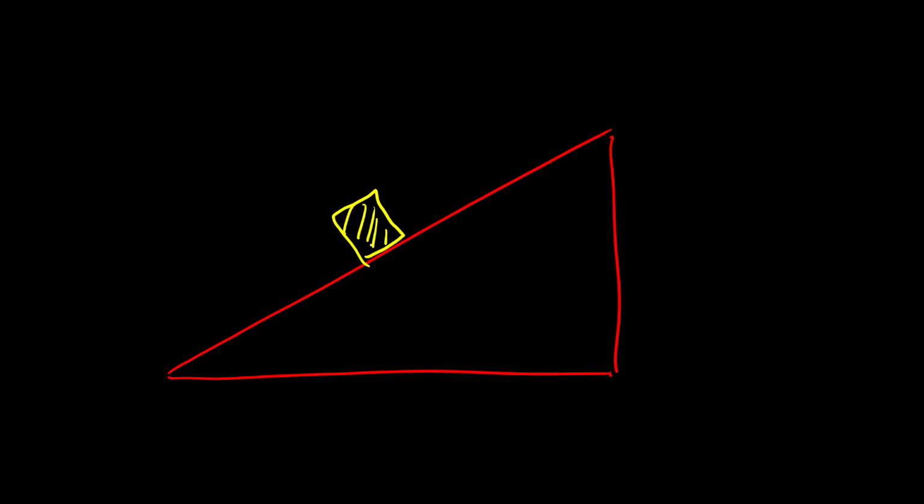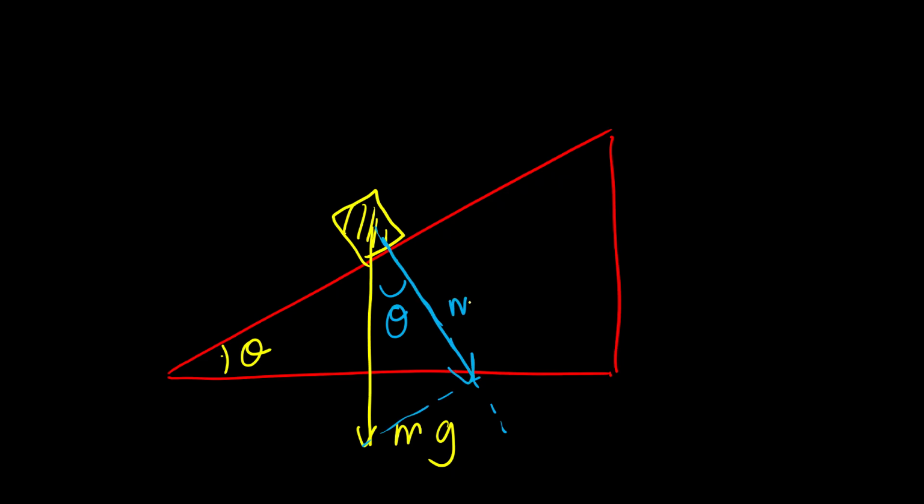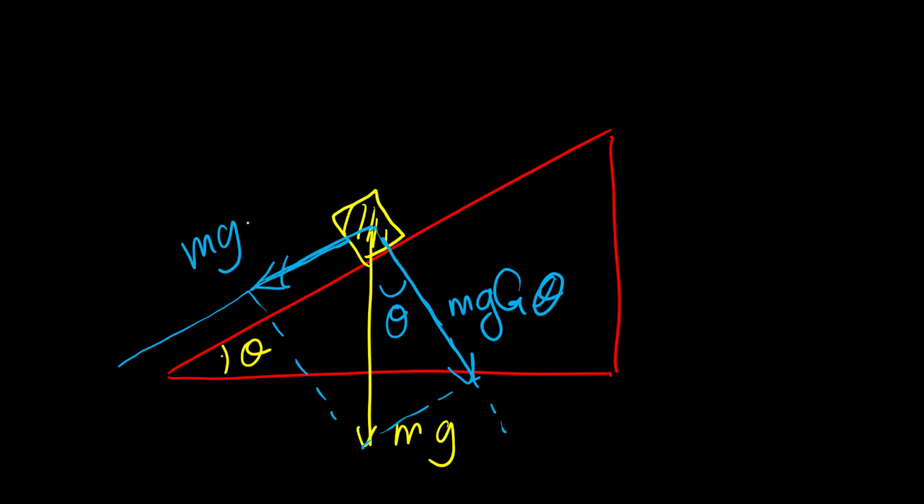This is theta, the angle the ramp makes with the horizontal, and here I have mg. I'm going to decompose mg into its components. This is mg cosine theta, the component of mg normal to the ramp, and the other component, parallel to the ramp, is in charge of accelerating the object: mg sine theta.